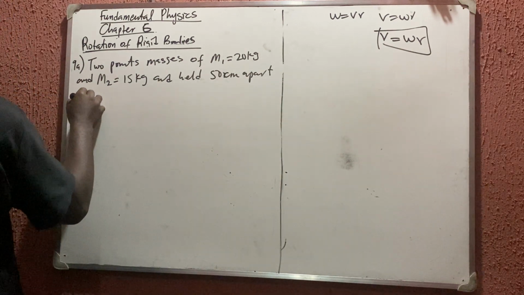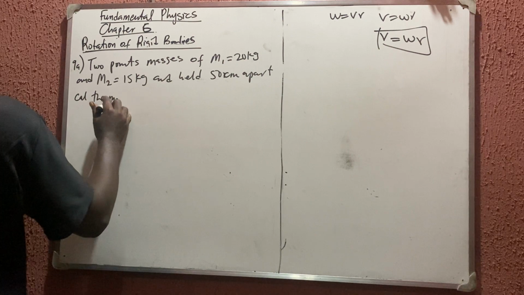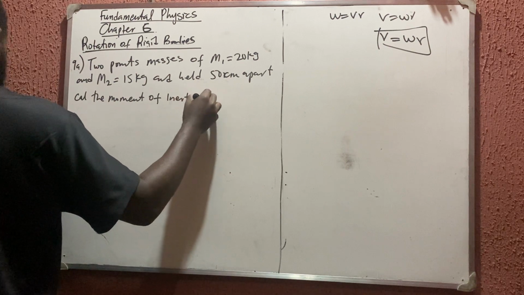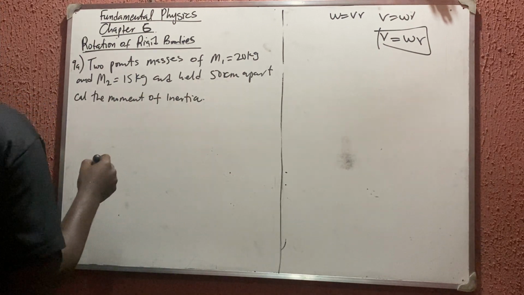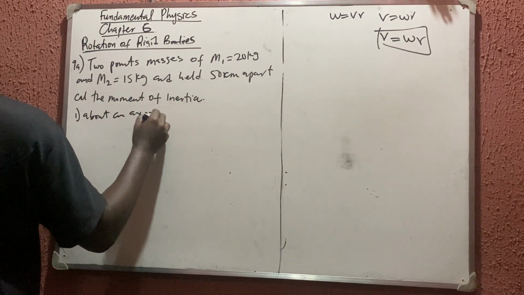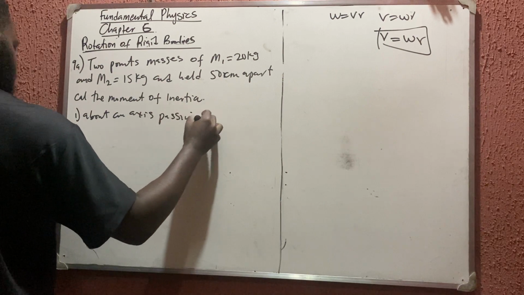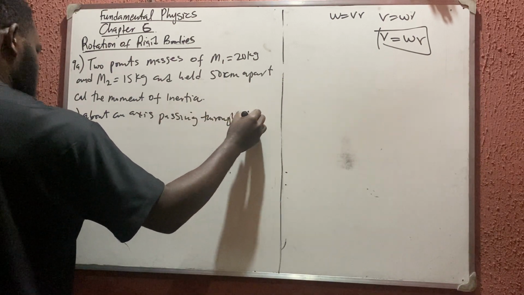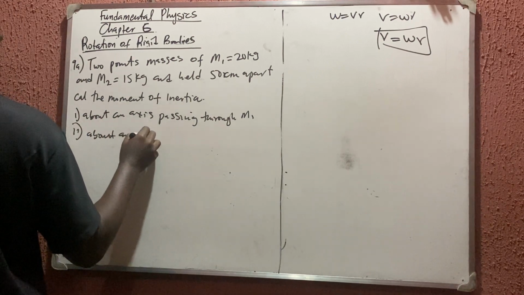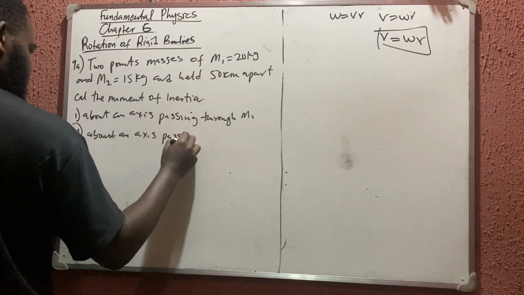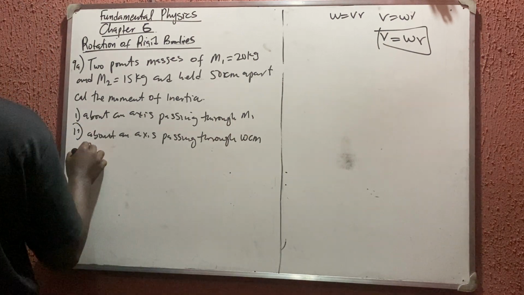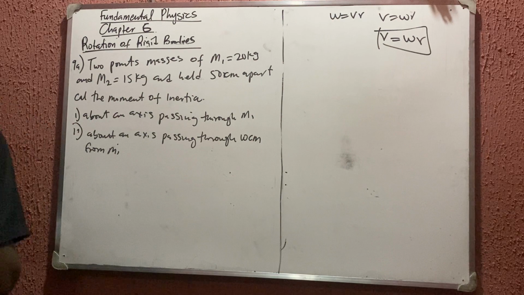Then it says calculate the moment of inertia: one, about an axis passing through M1; two, about an axis passing through 10 cm from M1. Okay.